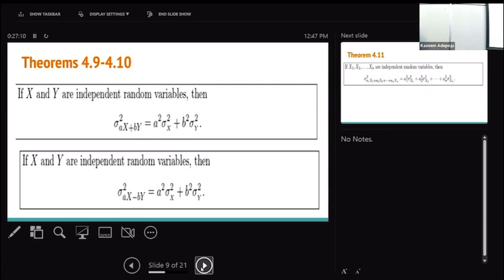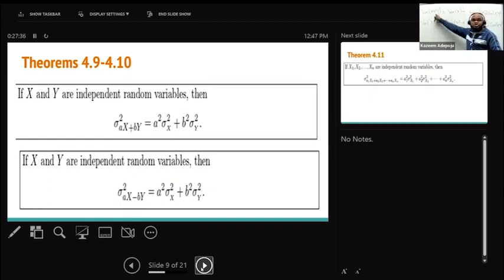If I'm considering the variance of X plus Y, it's basically going to be the variance of X plus the variance of Y plus 2 covariance XY. If I'm talking about the variance of X minus Y, it is going to be the variance of X plus the variance of Y minus 2 covariance XY.